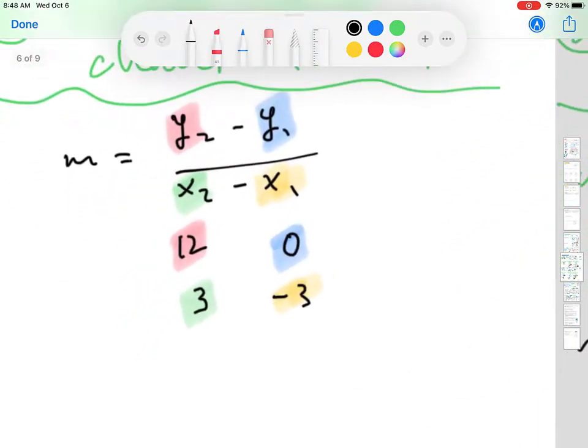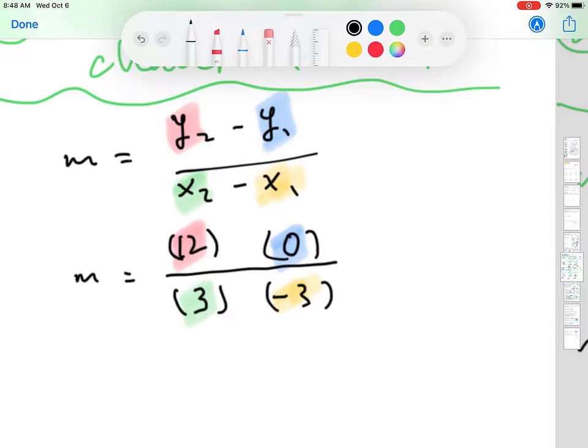Now everything else for the formula here, let's go ahead and write it out. M equals my fraction line. Remember, every time we did substitution here, good practice is putting in parentheses. And let's go ahead and highlight that pesky little negative sign. This is a common mistake for students.